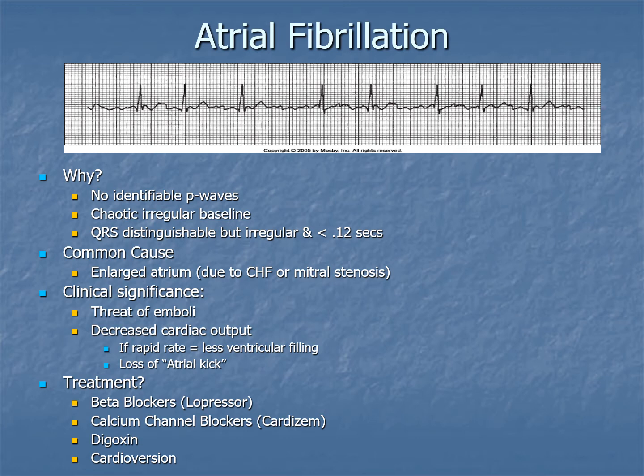Because of this lack of coordination, cardiac output can drop 10, 20%. Rarely in and of itself is it life-threatening, but it's certainly something to be aware of, particularly for a patient who may already have a low cardiac output. The treatments are beta blockers, calcium channel blockers, digoxin, and a synchronized cardioversion would be another one as well.